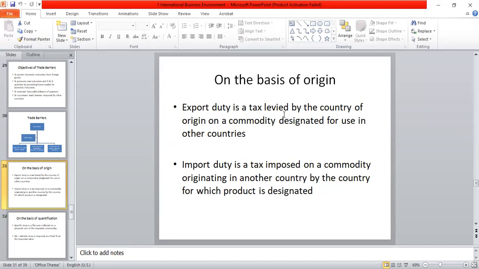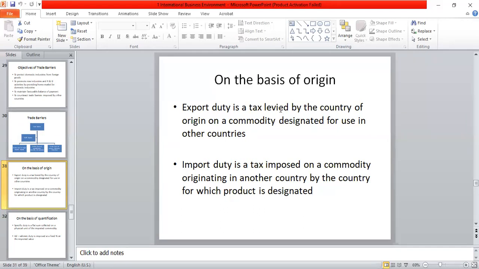So export duty and import duty are the two tools. Every country uses these tools.